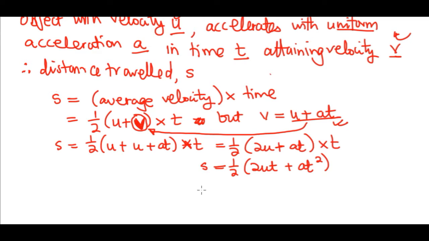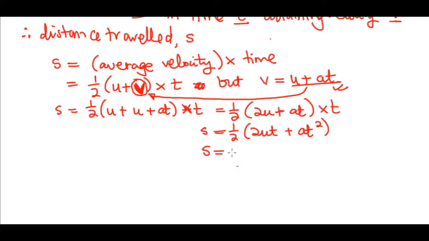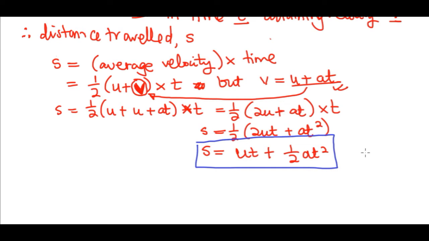And then putting the half inside, this is straight algebra. Our s is now equal to ut plus half at squared. By that we've derived the second equation of motion, number 2.